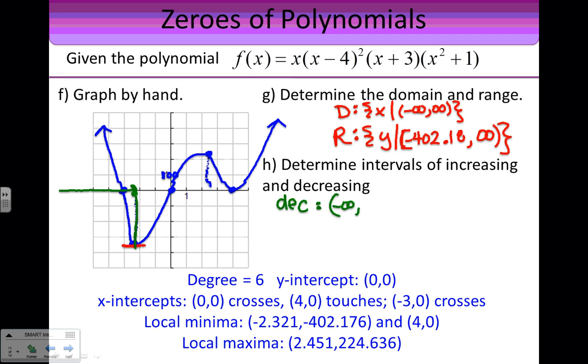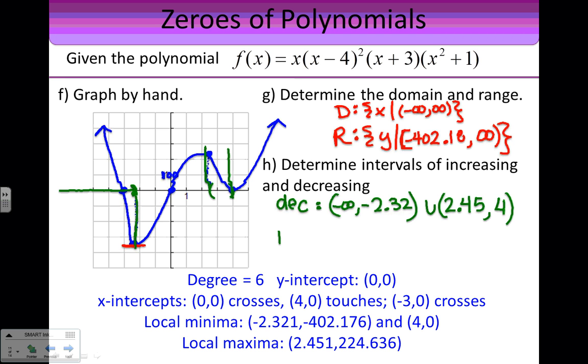Okay, so we're looking at our x intervals, so that is at negative 2.32. It also decreases from this point to this point. So the x interval there is from 2.45 to 4.